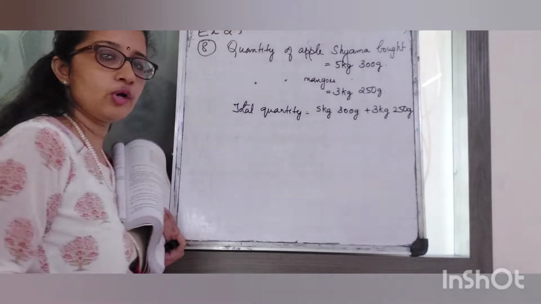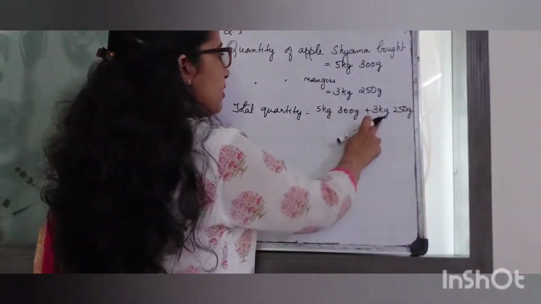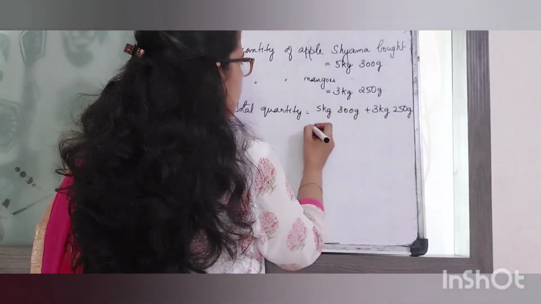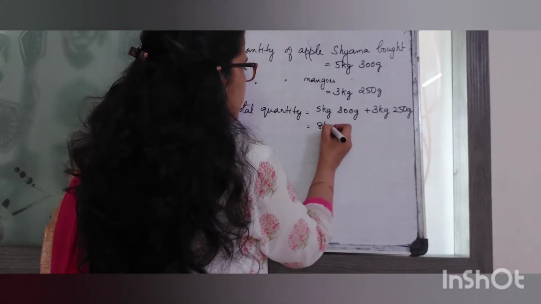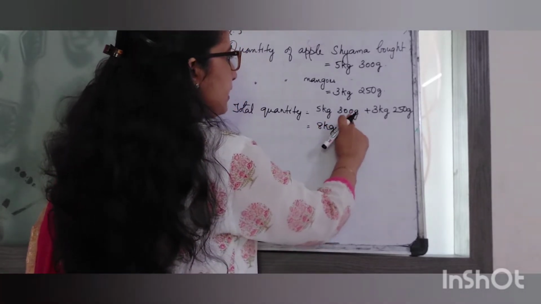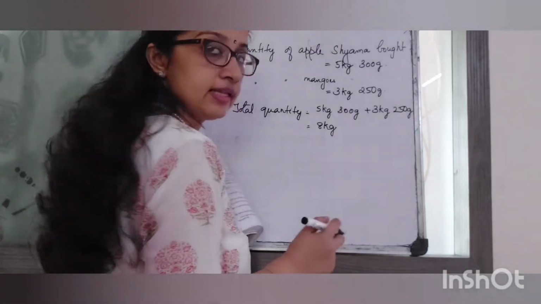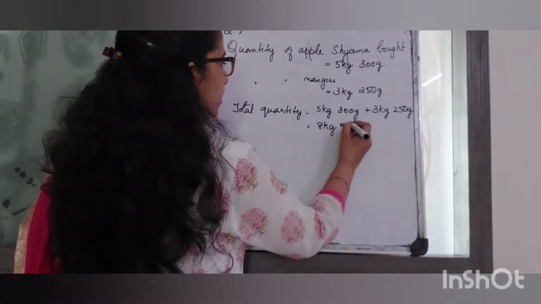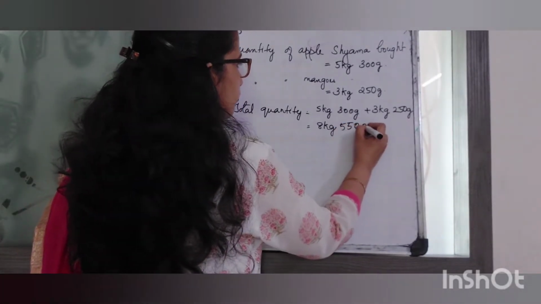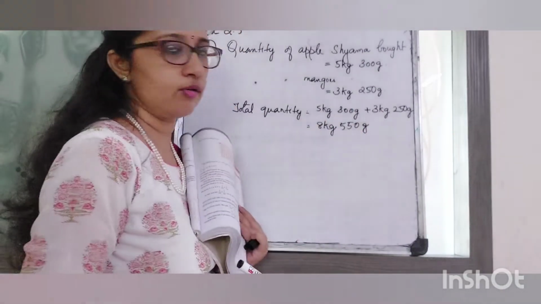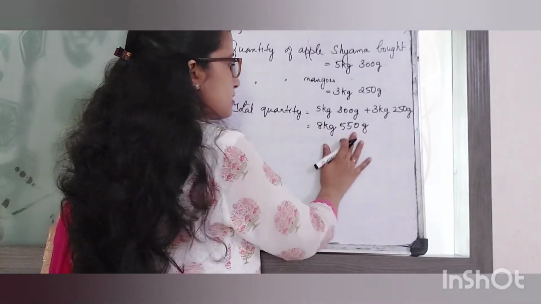Okay, so how can we add it? 5 kg plus 3 kg, 5 plus 3 is 8, equal to 8 kg. How many grams? 300 grams plus 250 grams, that is 550 grams.